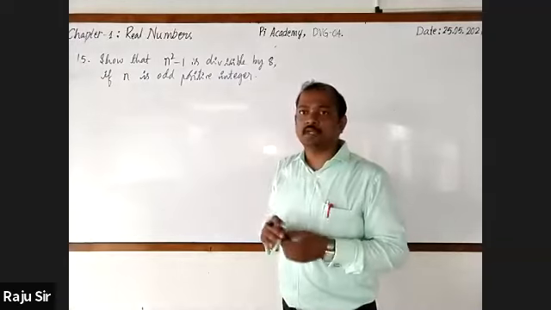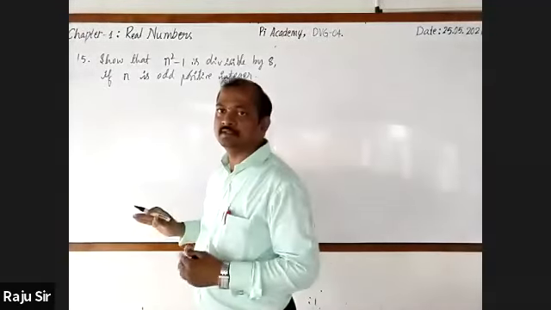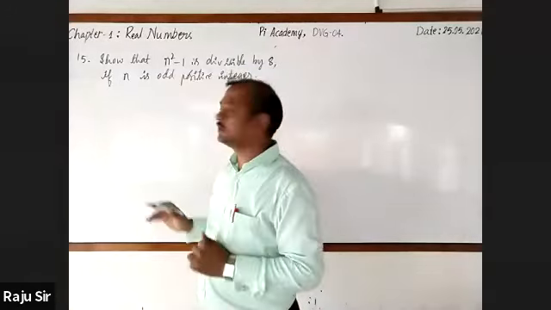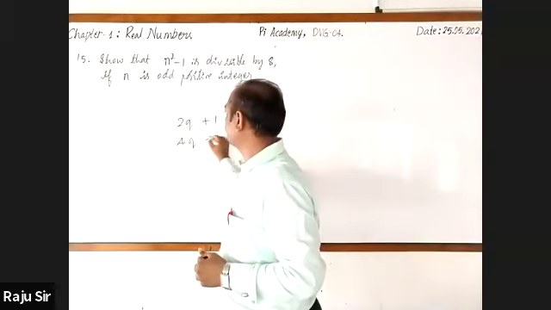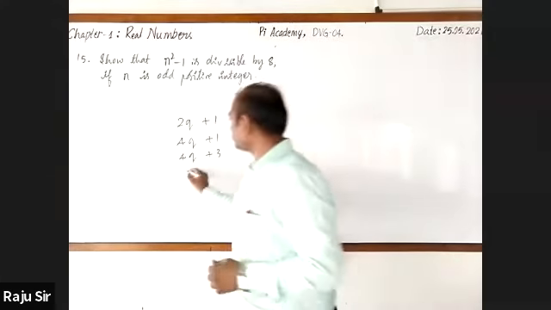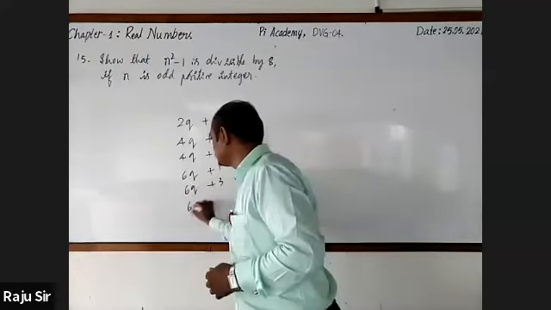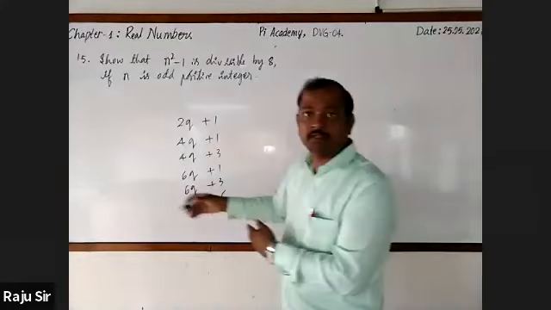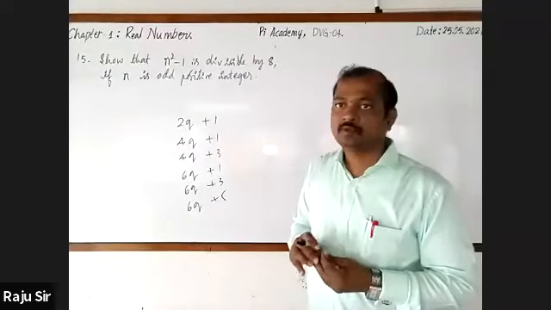We do not know what that odd positive integer is. I give you some hints. Don't copy, just observe. It is in the form 2q plus 1 or 4q plus 1, 4q plus 3, 6q plus 1, 6q plus 3, 6q plus 5. Like that, plenty of numbers can be written. Got it?